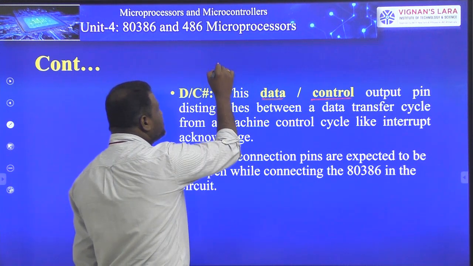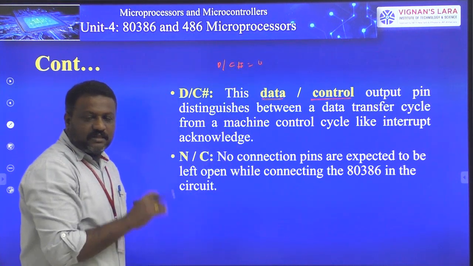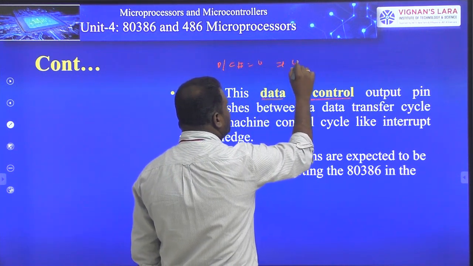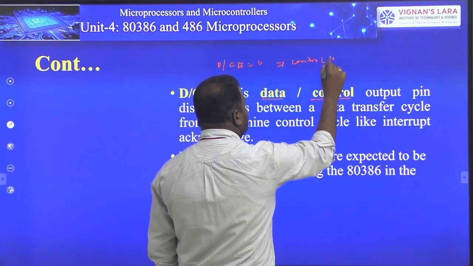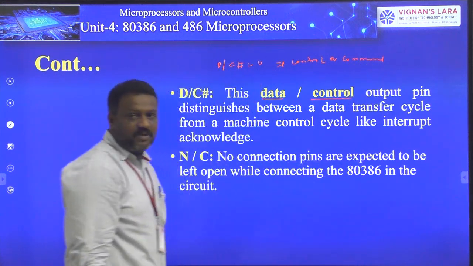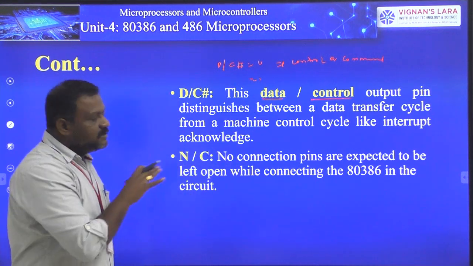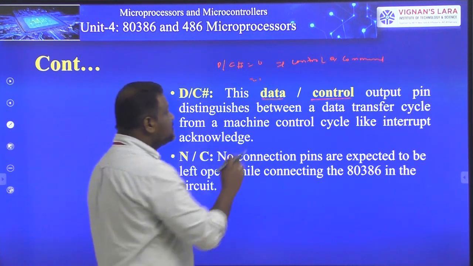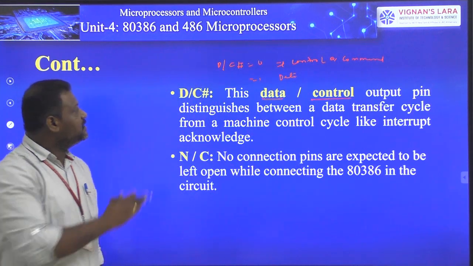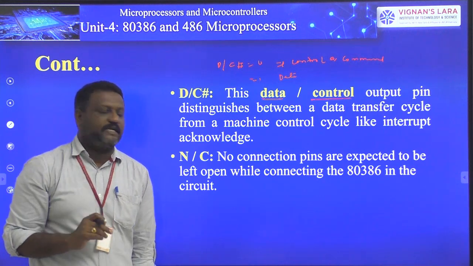Once D/C hash is equal to 0, the information going on the data lines is related to control or command. If the same signal logic level is 1, then the information going on the bus is related to data. So like this, the signal gives us an indication. It also comes under status.